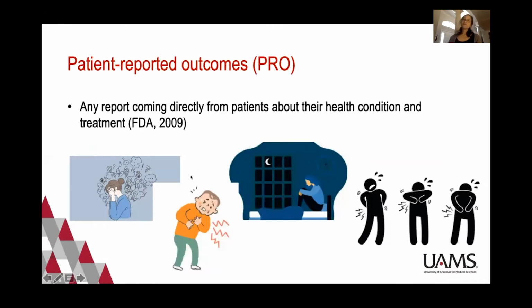So what are patient-reported outcomes? The definition from the FDA guidance for measuring patient-reported outcomes is that PROs are any reports coming directly from patients about their health condition and treatment.